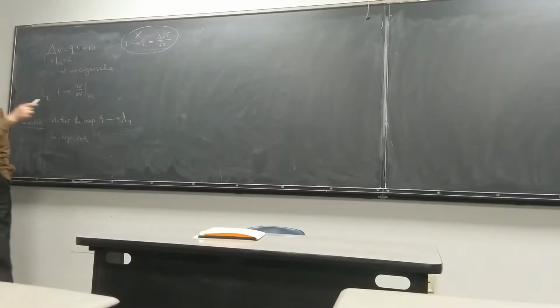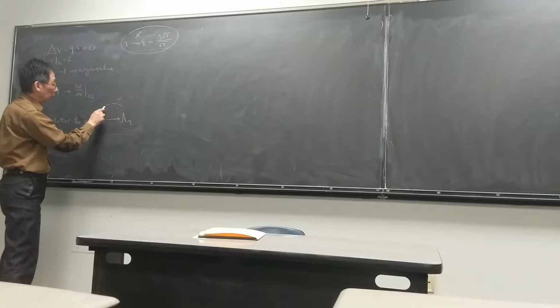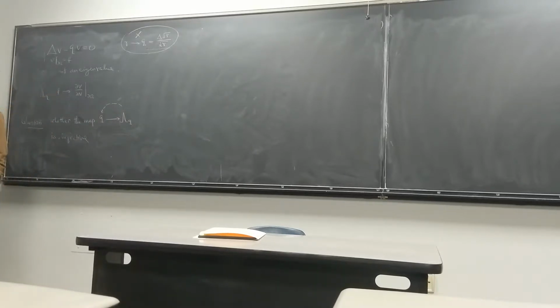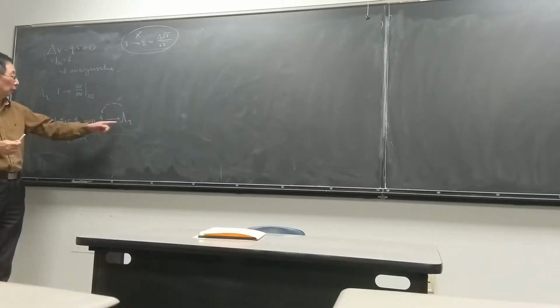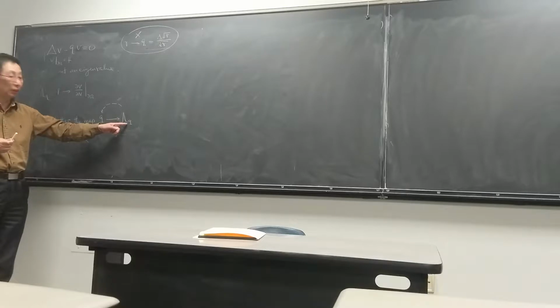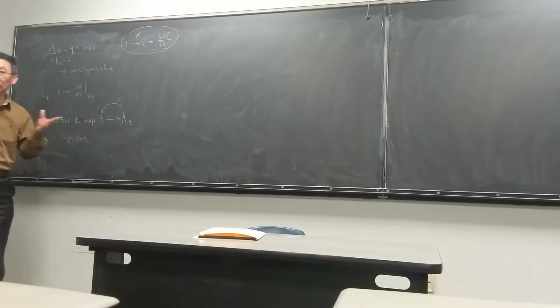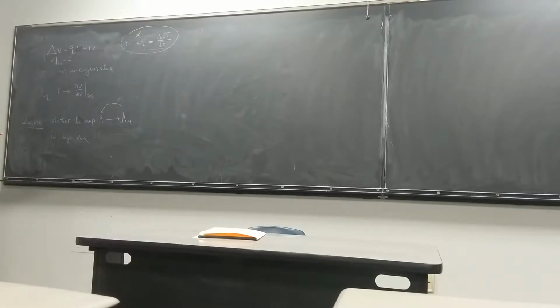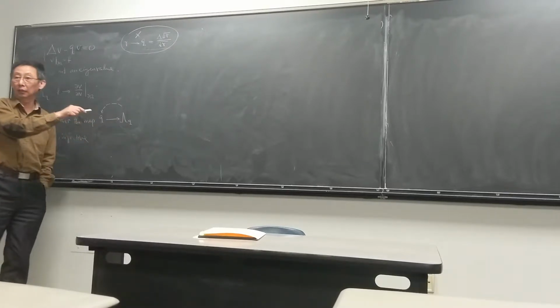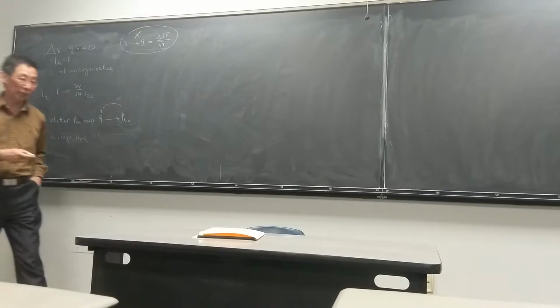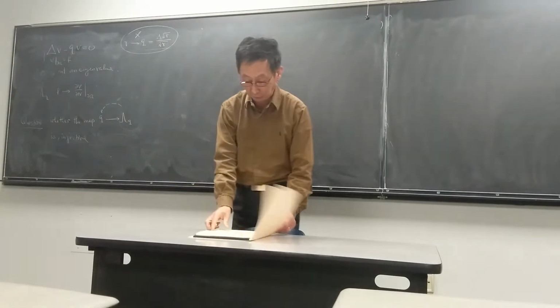You have to make some connections, some identities or some process that connects this potential with the map. Then you can see whether this map is injective. Without this relation, you cannot do anything. But fortunately, there is an identity connecting these two things. So this is the first thing we want to talk about today.